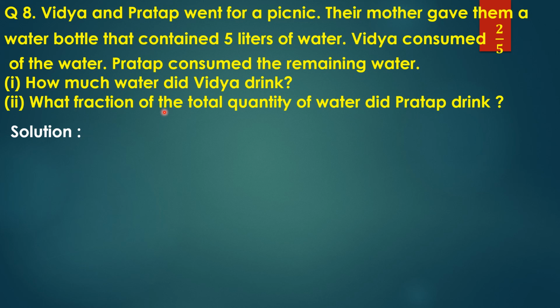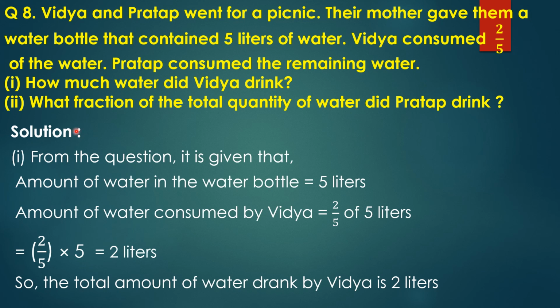And how much water did Vidya drink? What fraction of the total quantity of the water did Pratap drink? Okay, so the quantity of water drunk by Pratap should be in terms of a fraction. From the question, it is given that the amount of water in the water bottle equals 5 liters.